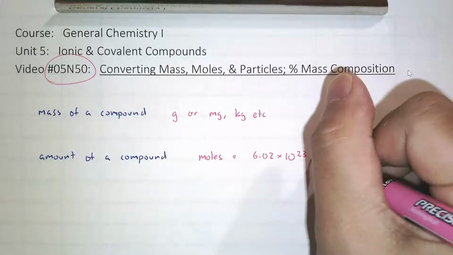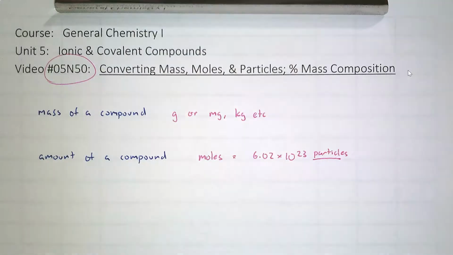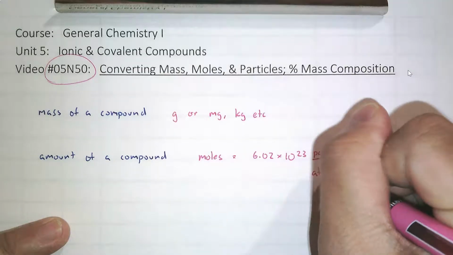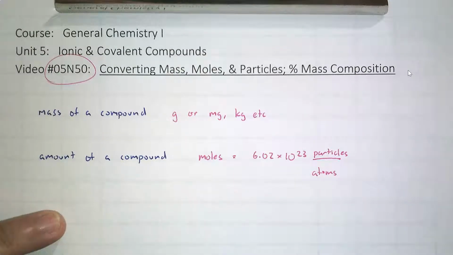Okay, and generically we could say particles. So a mole of atoms is 6.02 times 10 to the 23 atoms.